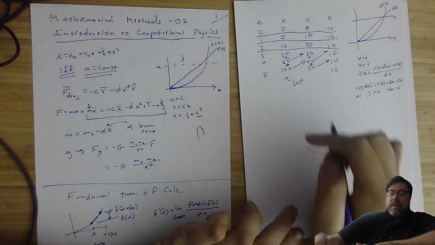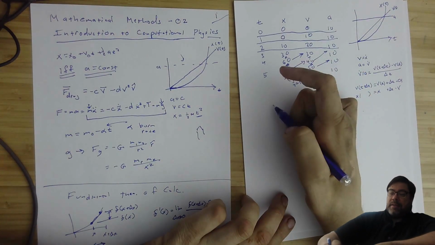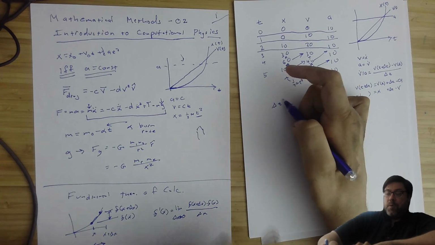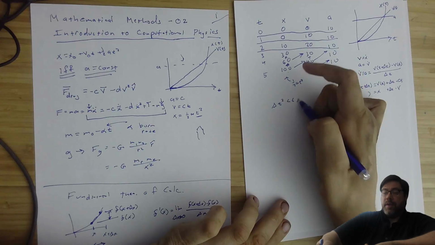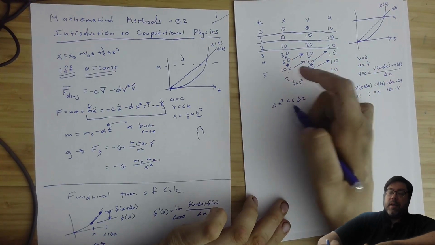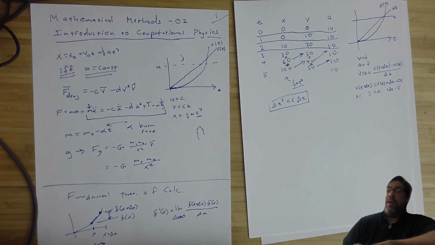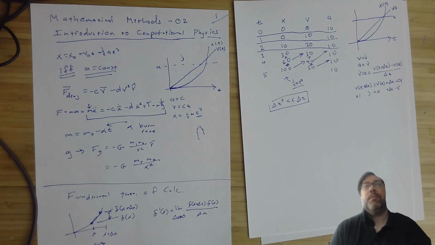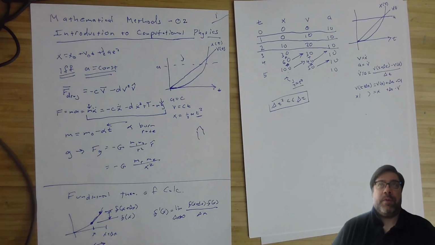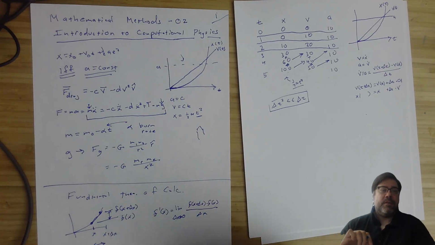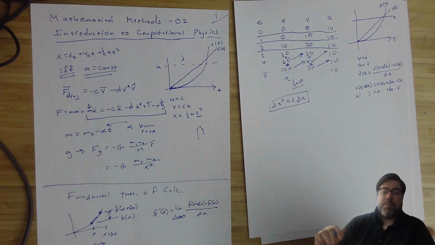I don't need it as long as delta t squared is much, much smaller than delta t. As long as this condition is true, then I don't need this 1/2 a delta t squared term because it will be negligible, right? So we want to go to smaller and smaller delta t's until that's true in our computations.